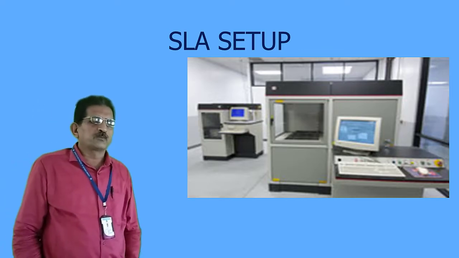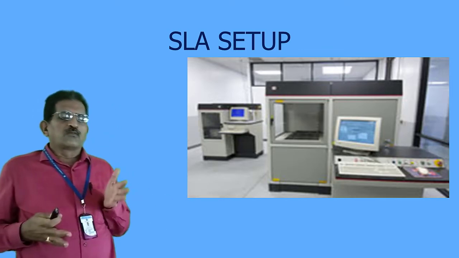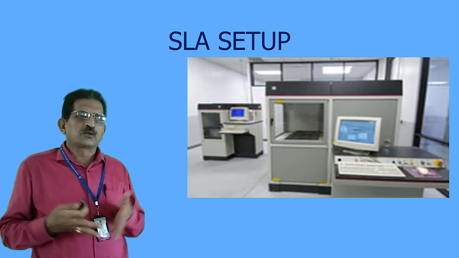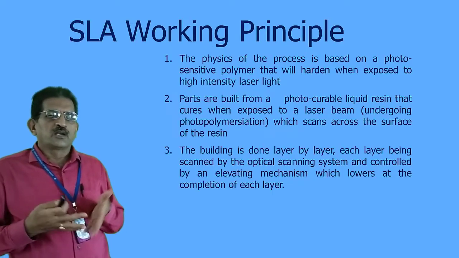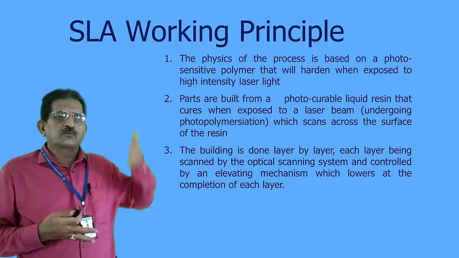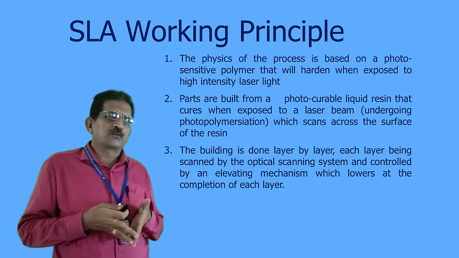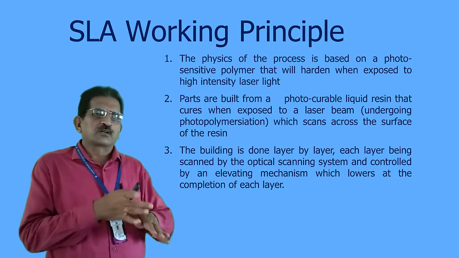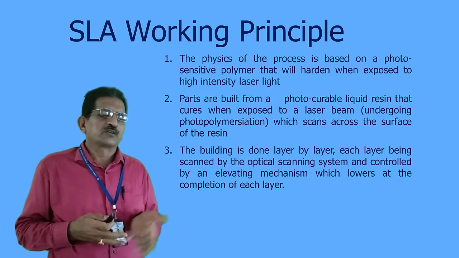Actually, the SLA working principle is this: when UV light, that is ultraviolet light, is passed onto the liquid resin, it becomes cured or hardened. When we focus a laser beam onto the surface of the liquid resin, that surface becomes hardened or cured.